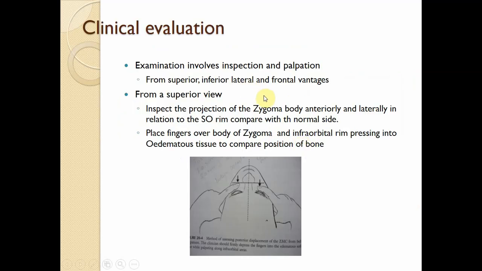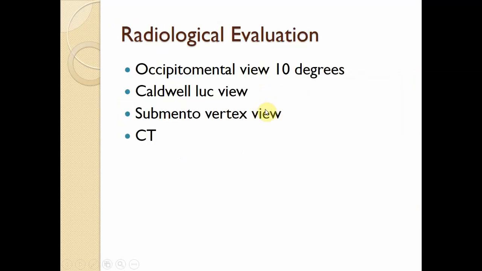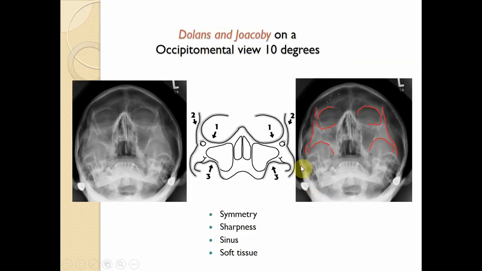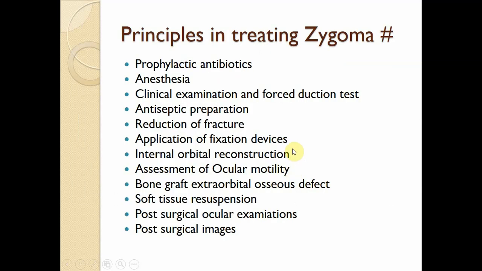And how will you evaluate? Radiographically, the most important is the occipitomental view. Then only can we see the 5 lines: the Campbell lines and the Tramble line. 4 lines are Campbell lines, and the 5th line is the Tramble line. And how will you treat the zygomatic arch fracture? Main thing, strong antibiotic coverage.